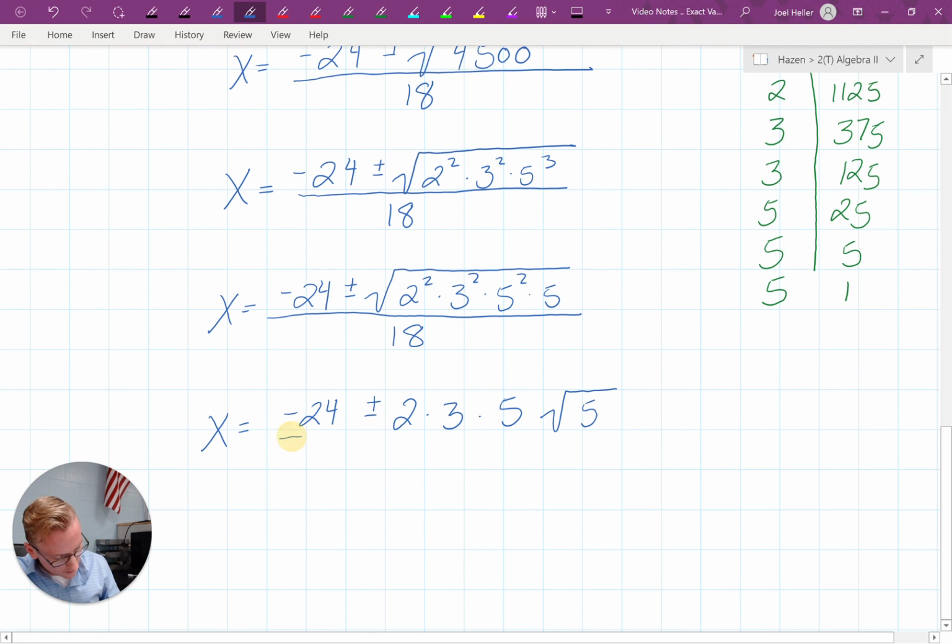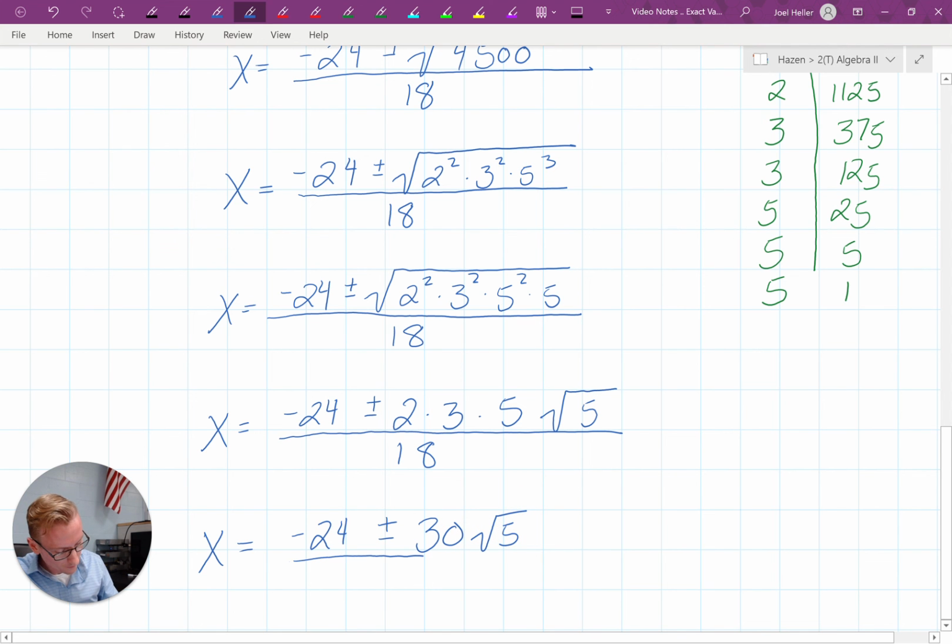And then all of that's going to be divided by 18. Now I'm just going to simplify that so I've got one number instead of the prime factorization on the outside still. So I've got x equals negative 24 plus or minus 2 times 3 is 6 times 5 is 30. So I have 30 square roots of 5, all divided by 18.